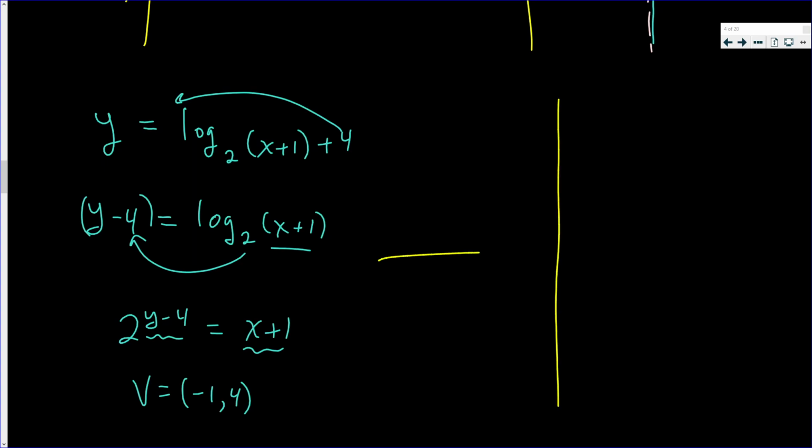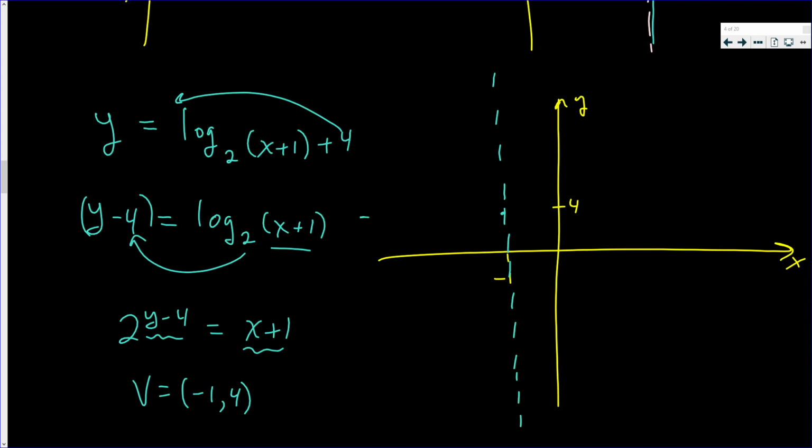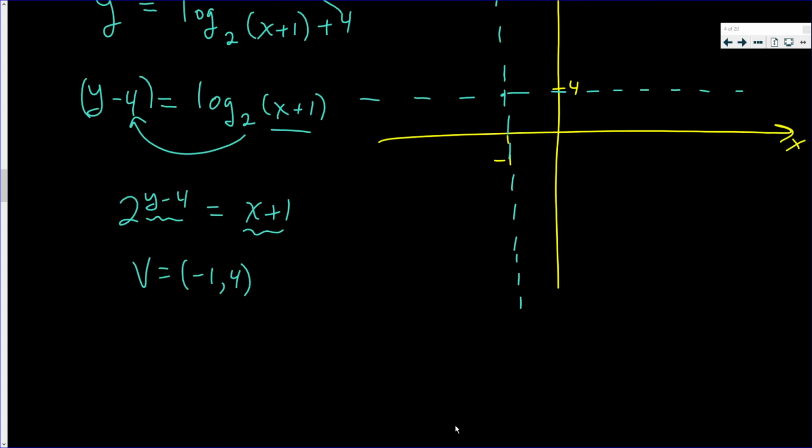Okay, so if this is the x and y axes, I go to negative 1, 4. Right here. And I'm going to pretend that my axes are right here. Okay. X and y.